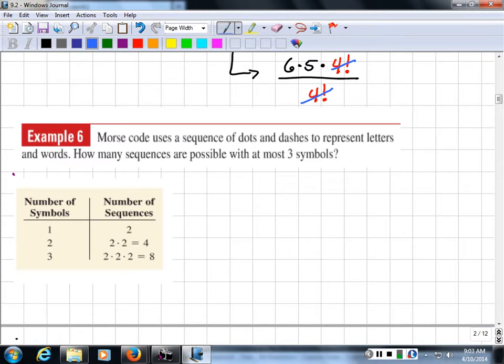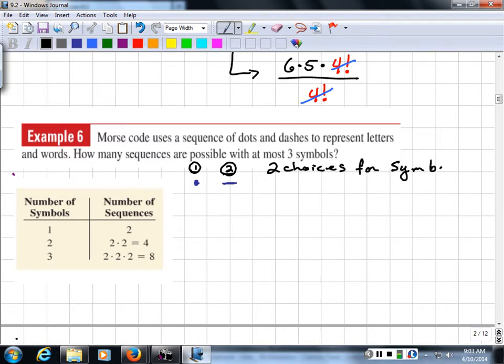Let's examine this. Morse code uses a sequence of dots and dashes. So I'm either going to have a dot or I'm going to have a dash. In other words, I really only have 2 choices when I'm actually starting to use Morse code.